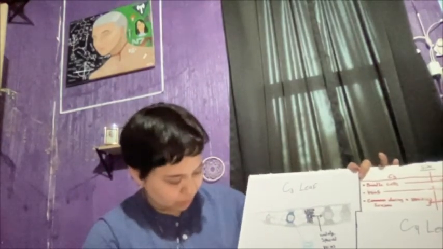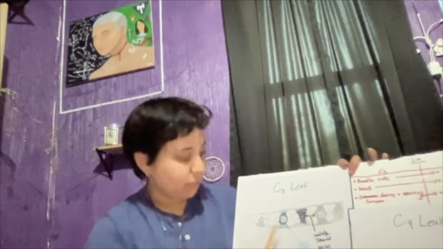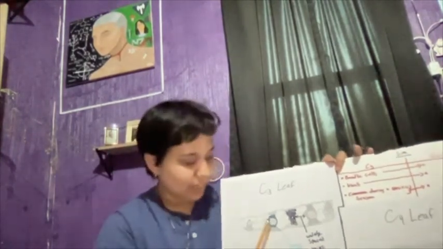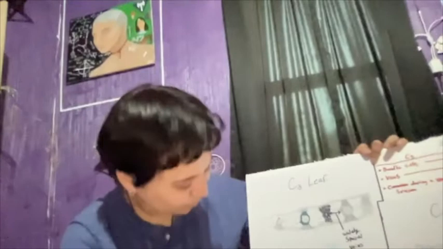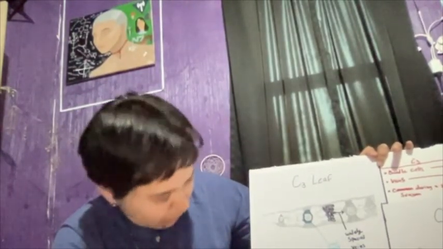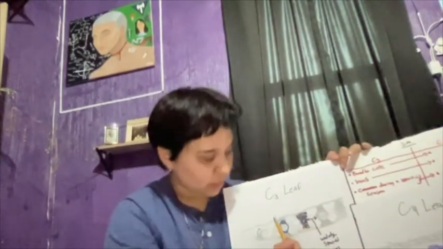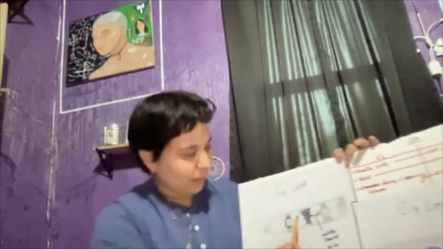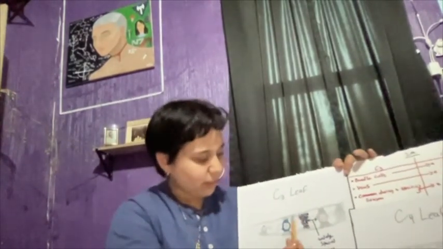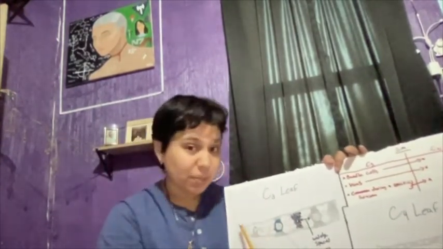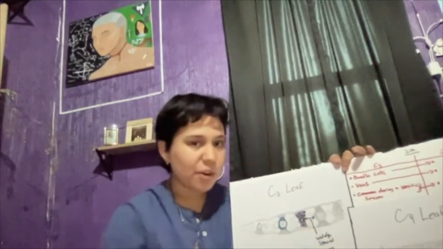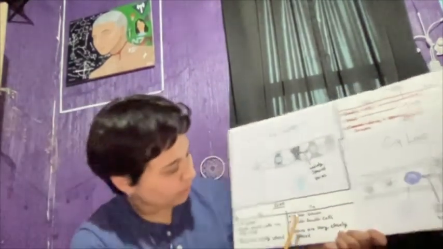The bundle sheath cells are very small on this one. They're tiny, like you can't even see them from all the way over there. And the veins are widely spaced, so the veins are kind of far apart from each other. I'm trying to show it better, you could use these two as an example instead of this one.